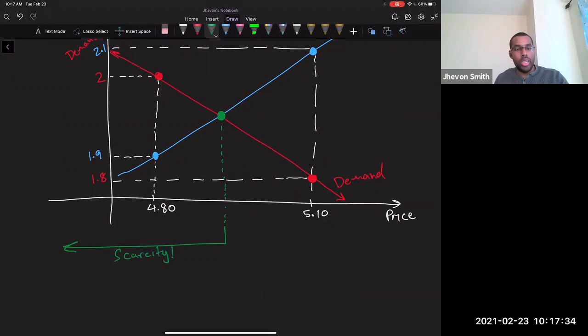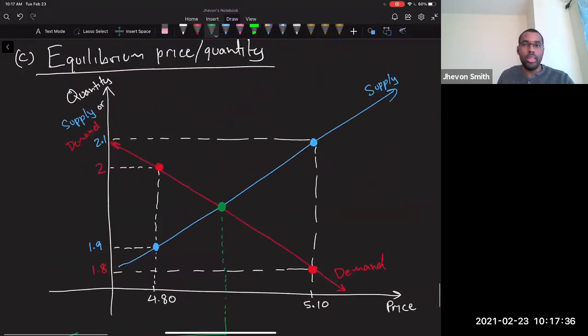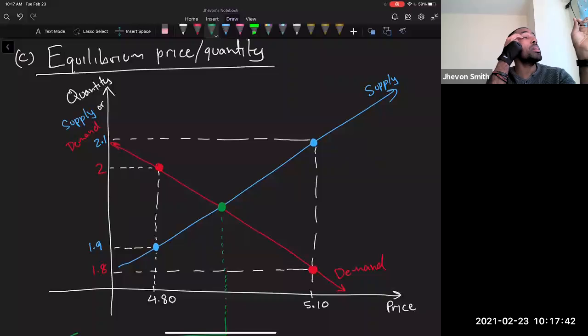Why is there a scarcity? Well, look where the supply and demand are. Suppliers are supplying 1.9 billion, but people want to buy 2 billion. So we have people in the market who want to get 2 billion of this stuff, but there's only 1.9. It's scarce, right? So there's not enough supply to meet the demand.